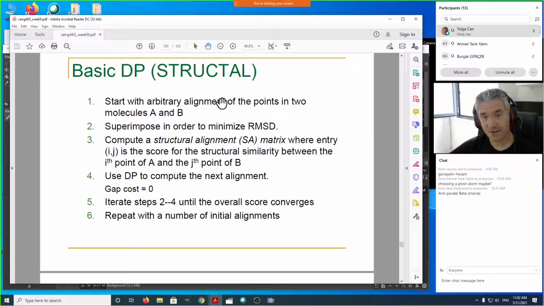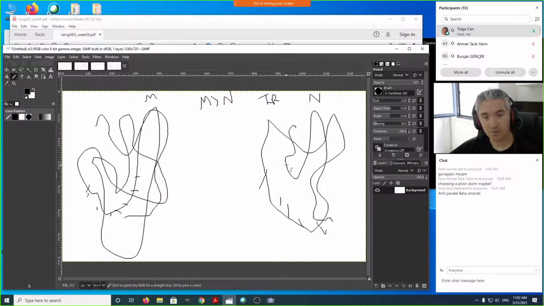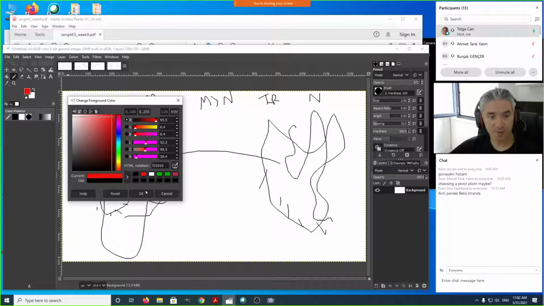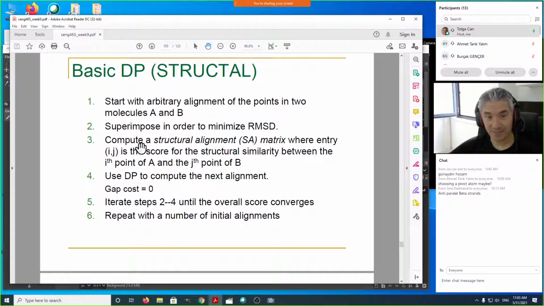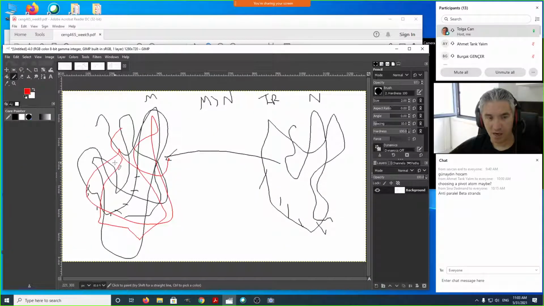And after we have this random alignment, we superimpose them in order to have the second structure on top of the first one as much as possible. So if this was the second structure, whatever it is, it becomes something like this. After the second step, what we do is we compute how far an amino acid is from two amino acids of the first protein.